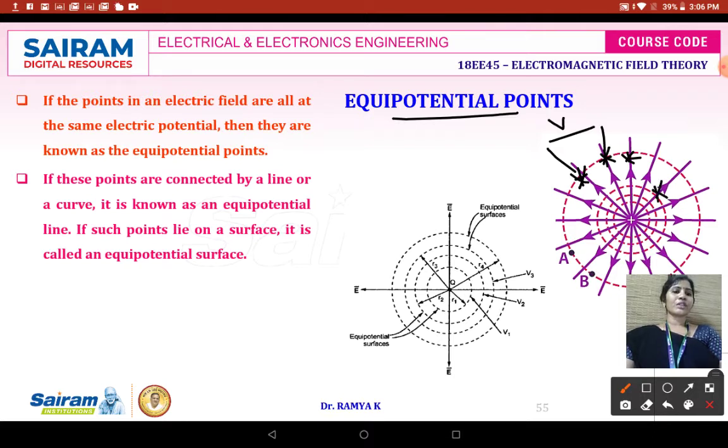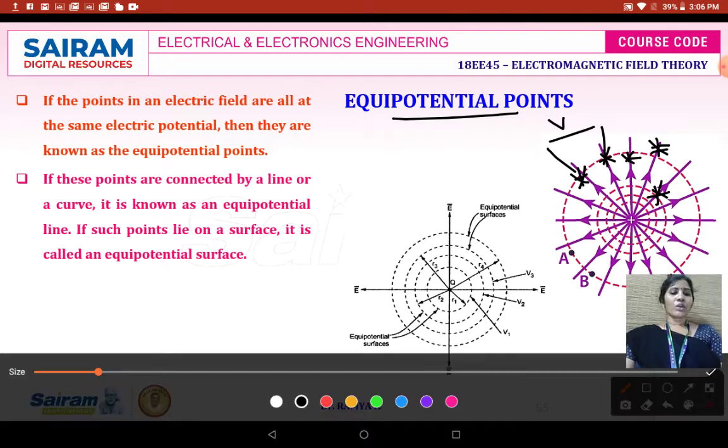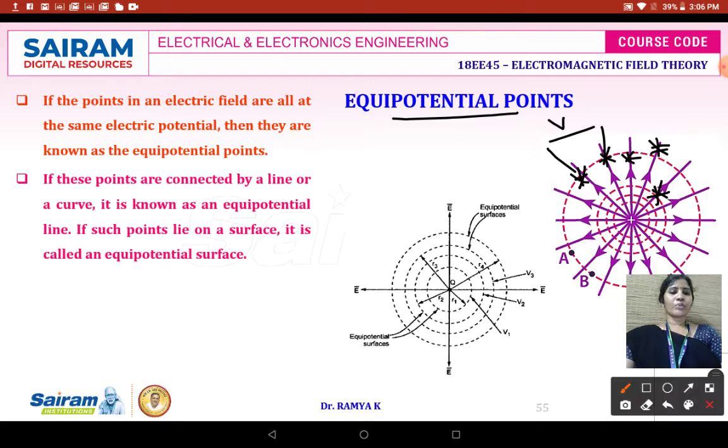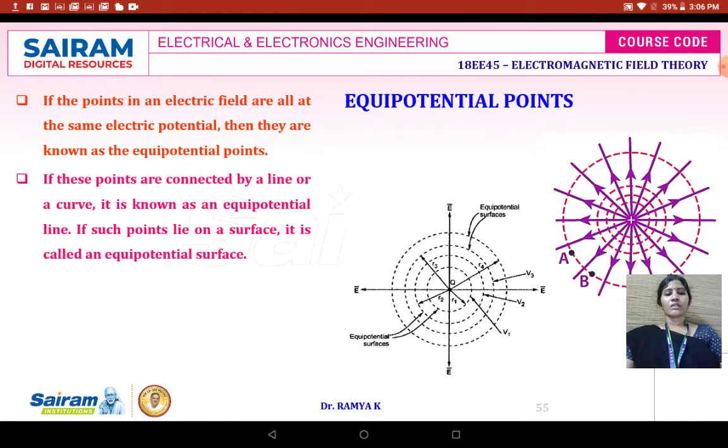Suppose here it is the same, then we'll call that an equipotential point. Now joining all these equipotential points by a line or a curve is known as an equipotential line.